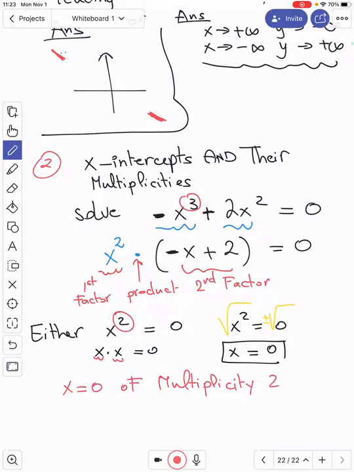Okay. Now the other solution: x squared is 0, or my second factor, which is just minus x plus 2 equal to 0. As you can see here, there's no exponent, guys. It's just minus x plus 2. So you add plus x to both sides, and your x is going to be equal to positive 2.